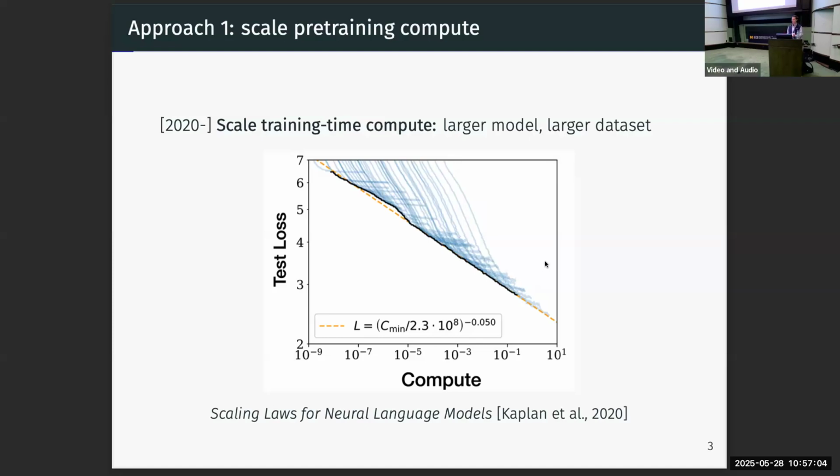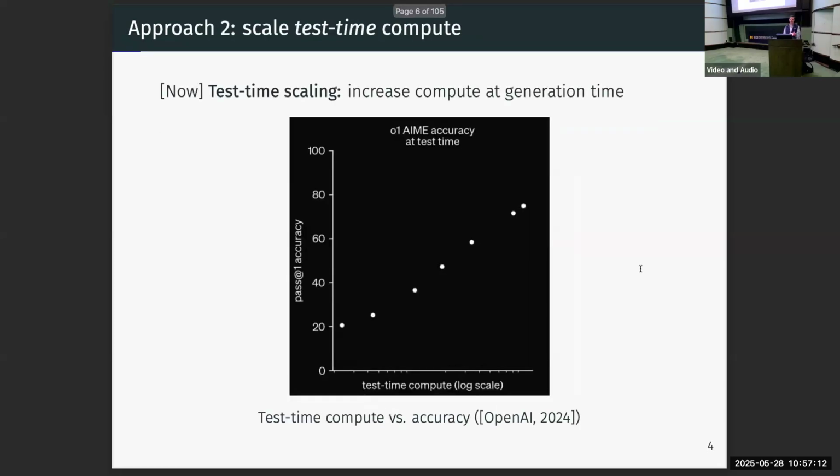But at least so far, just doing this hasn't proven to be enough. And so recently, the community has gotten excited about another axis of scaling, which is called scaling test time compute. This says after a model has been trained, can we somehow spend compute in order to improve its performance?